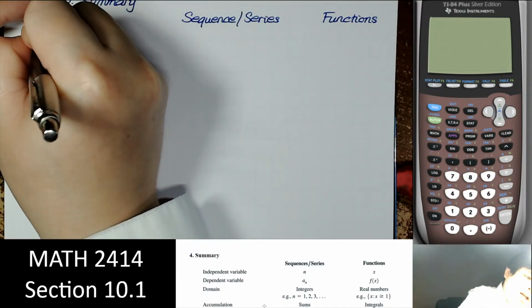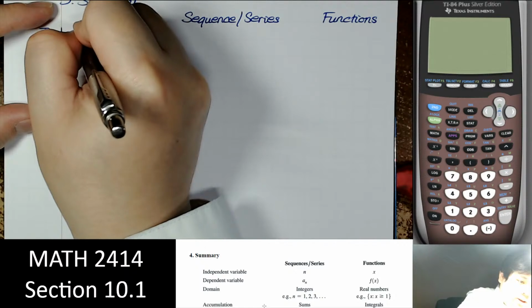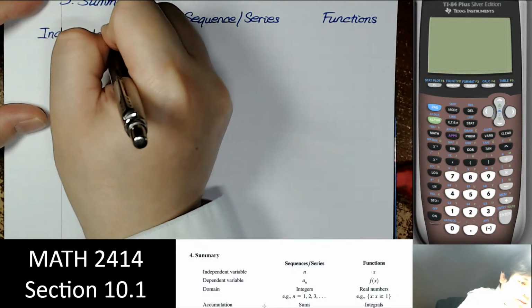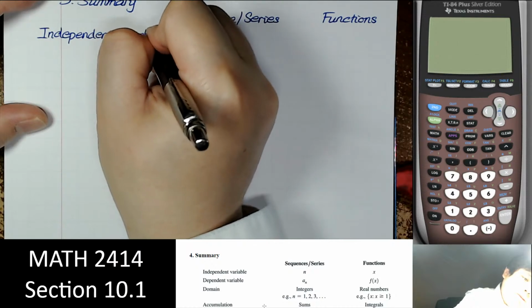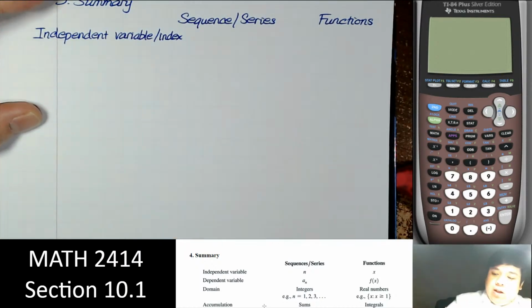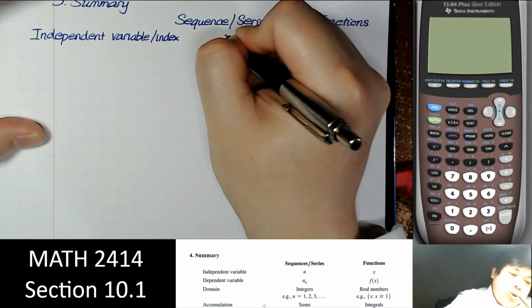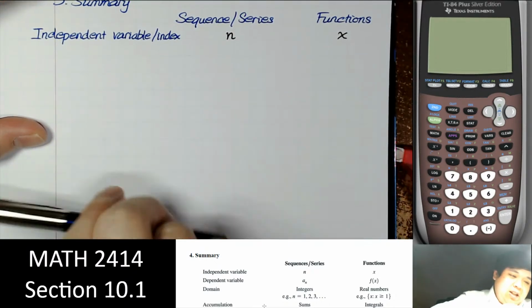The independent variable, or index: for a sequence and series, we use n; for a function, we usually use x.